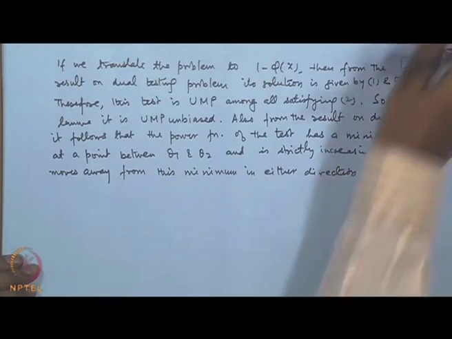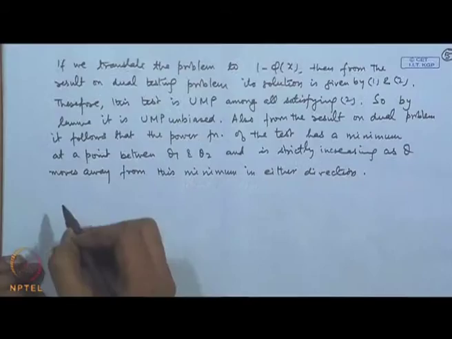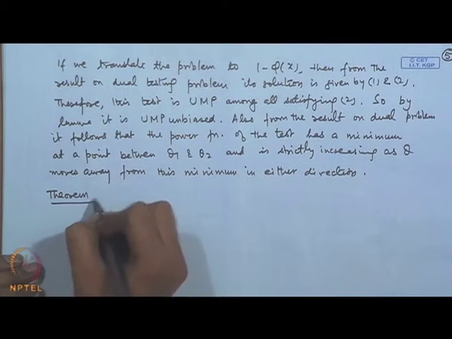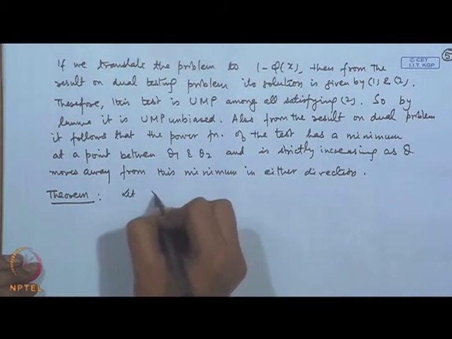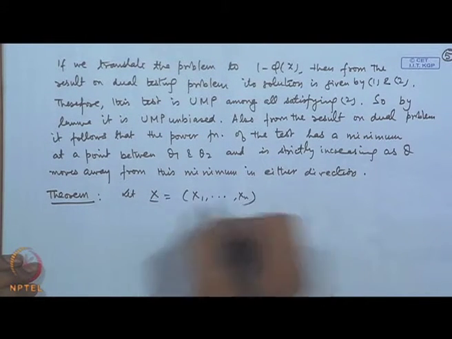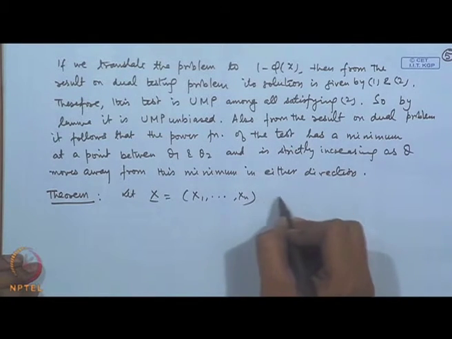Okay. Now, let us consider the point null hypothesis and the alternative is two sided. In that case, one of the conditions gets modified. Let me state it in the following theorem. Let X equal to X1, X2, ..., Xn, so again the same conditions are there. Let me just restate it for convenience.